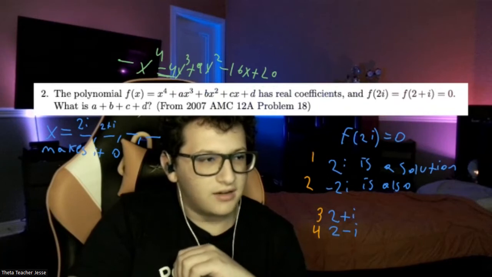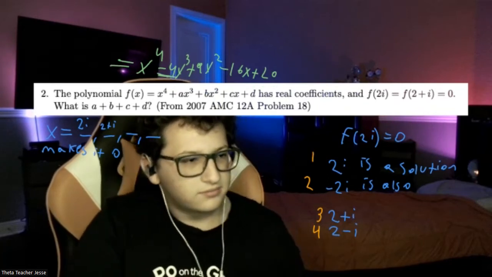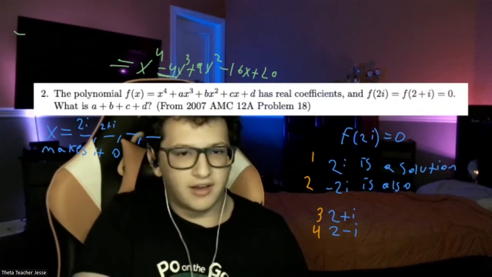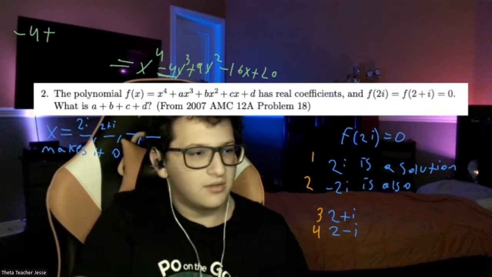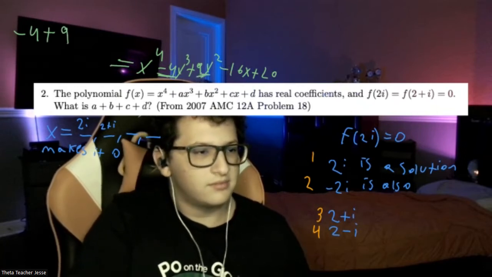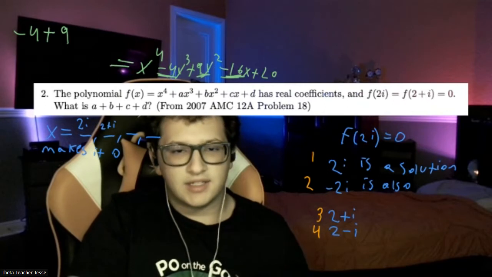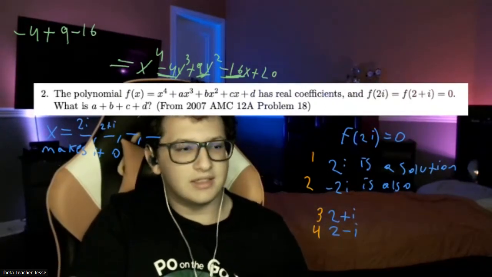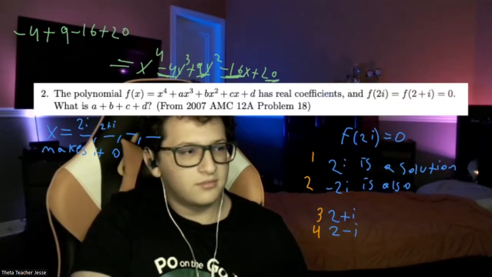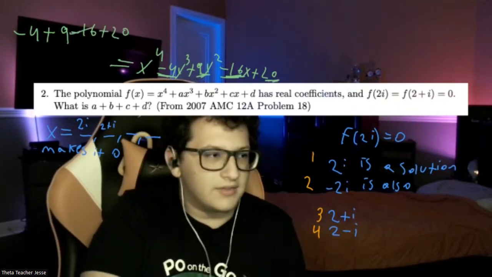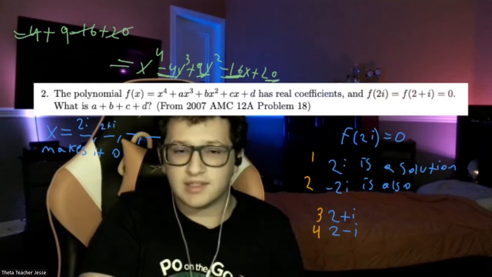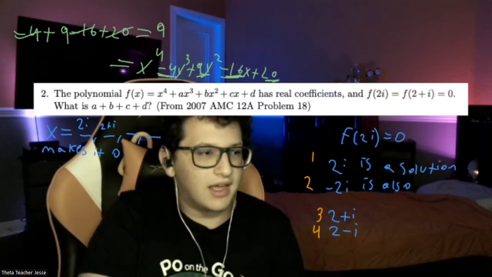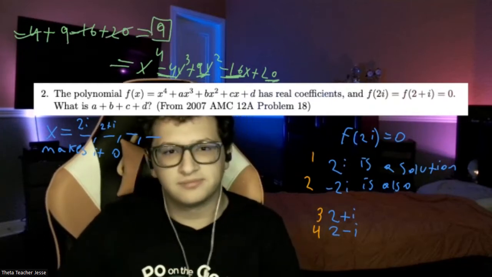A is negative 4. And b is 9. Negative 16x, that means c is negative 16. And d will be 20. All right. Well, negative 16, negative 4, and our 20 cancel out. So that leaves us with 9.